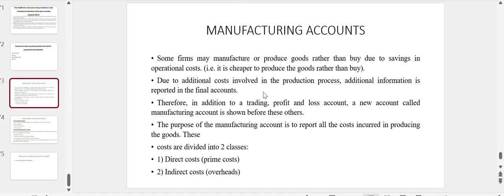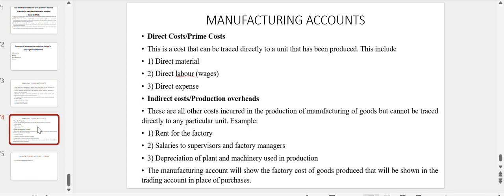So direct cost is also called prime cost. Under direct cost, which we are going to see shortly, we have three subcategories: the materials that you have to buy, what we call direct materials; the wages that you are going to pay for the people that are directly involved in the production process, we call this direct labor; and any other expenses that can be traced directly to the production process, we call that direct expenses.